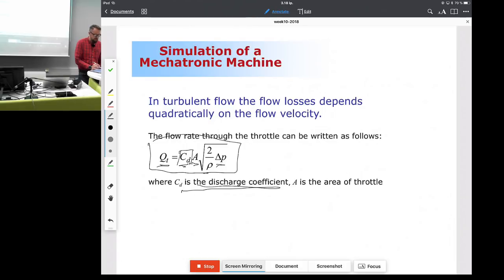Defining the discharge coefficient is doable, I guess, but something simple like the cross-section area of the throttle is often very difficult to get in practical valves. So we are not going to use this kind of approach. But again, in the case of turbulent flow, flow rate and pressure difference are quadratically related. Okay?